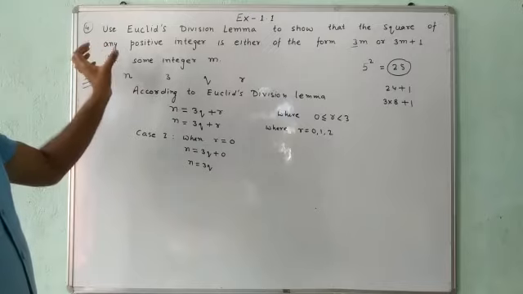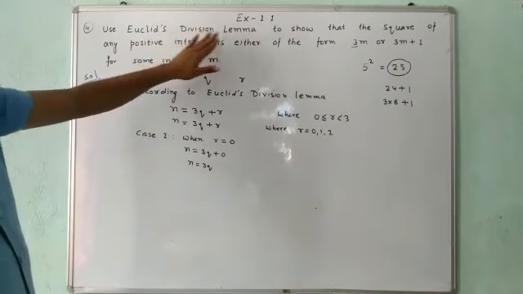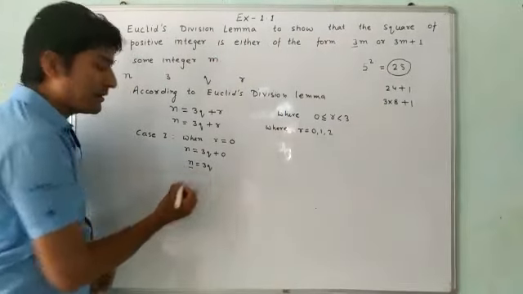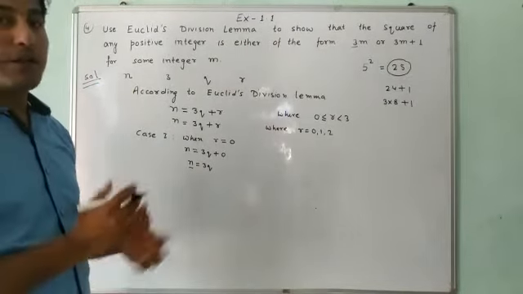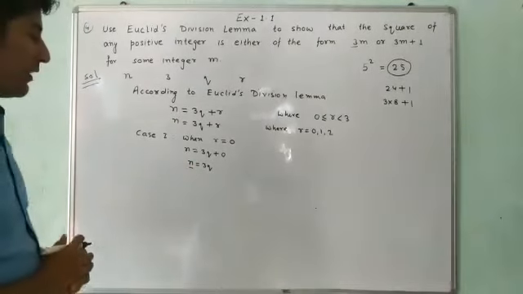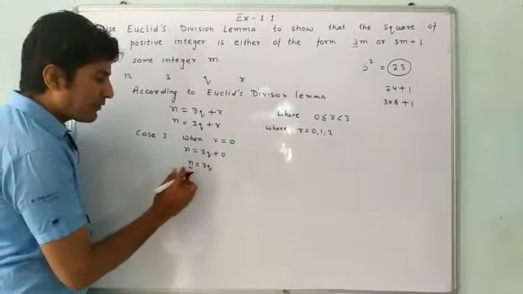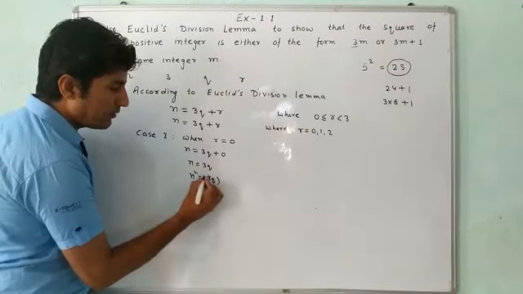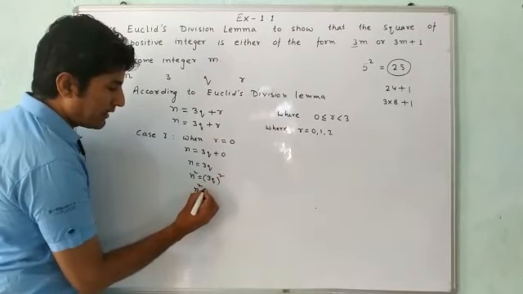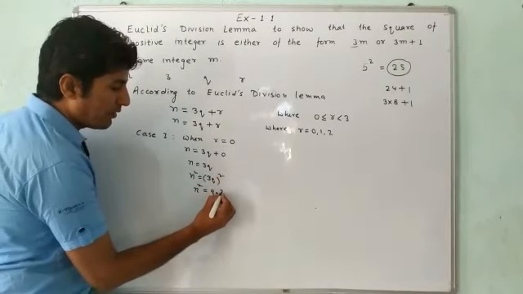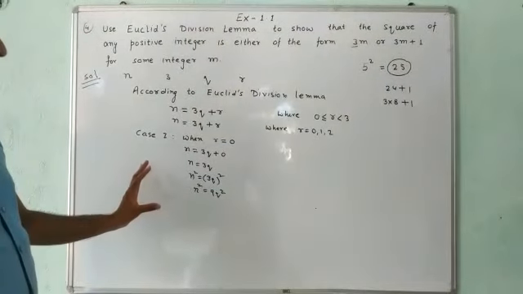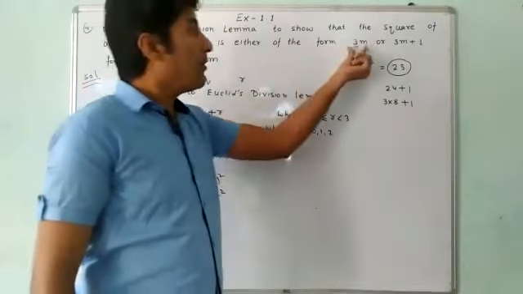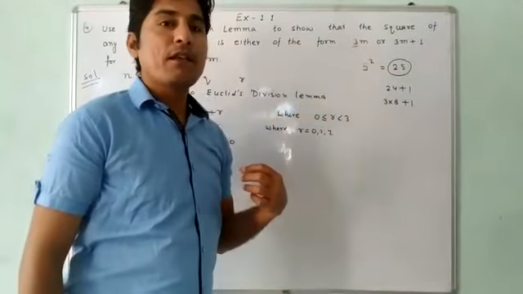But in the question, it is given that we use Euclid's division lemma to show that the square of any positive integer. This is an integer, not the square of an integer. What we have to do? We have to put the square. Squaring both sides, we get n square equals 3q whole square, or n square equals 9q square. Now we have to prove that the square of any positive integer is either in the form of 3m or 3m plus 1.